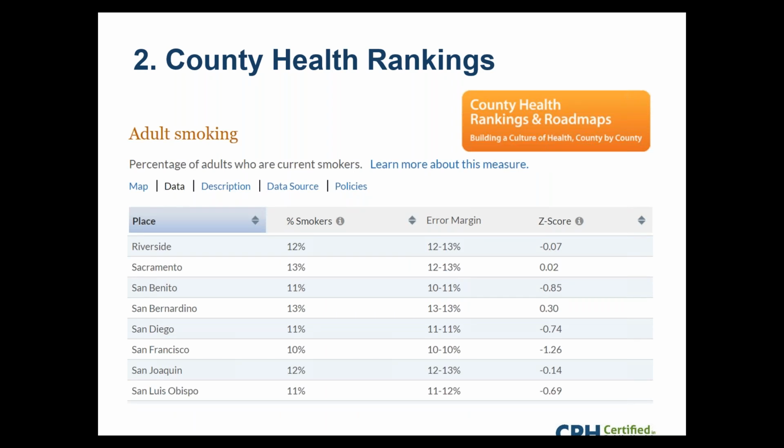Let's say I'm in Sacramento County, I can find 13%, and that's slightly above average. And I can also look up the Healthy People 2020 goal to know what that is. So you've got to know in performance ranking how you're doing, all right? So measurement is very important in assessment and evaluation.